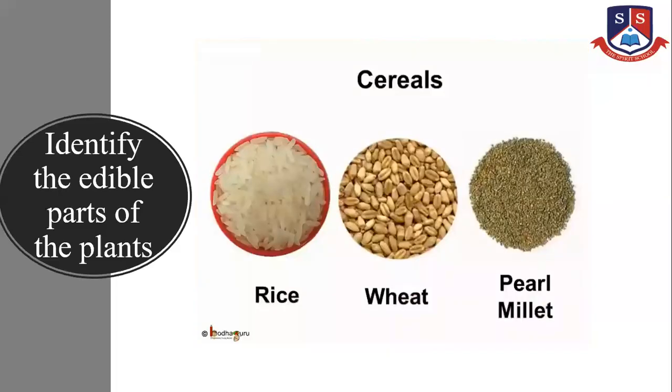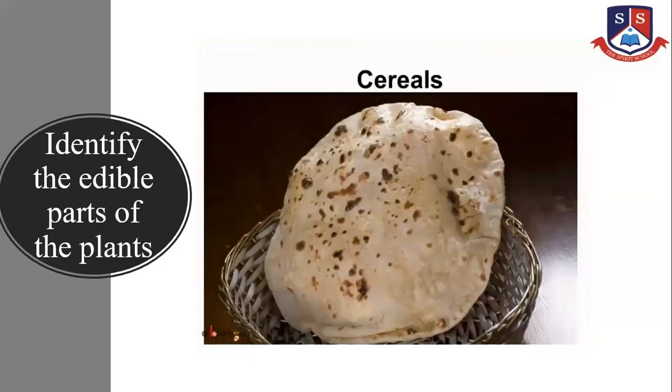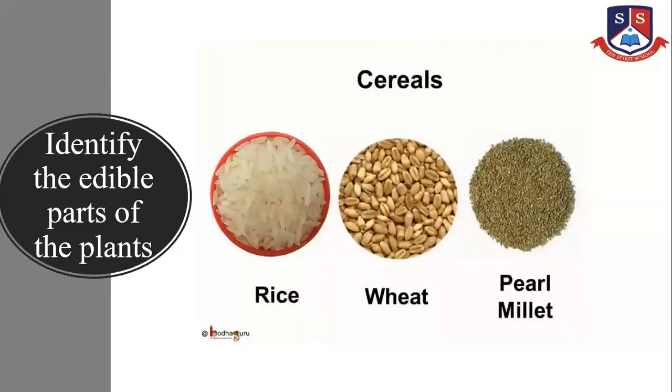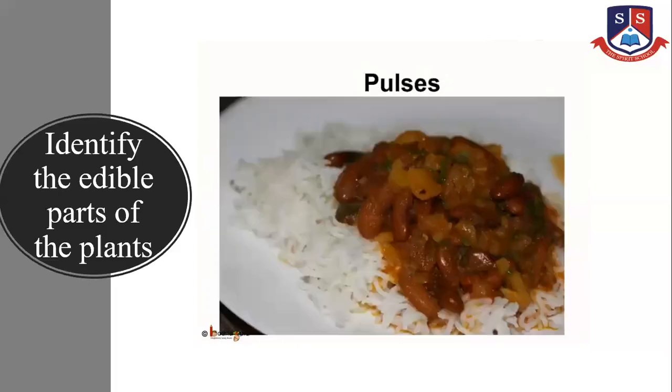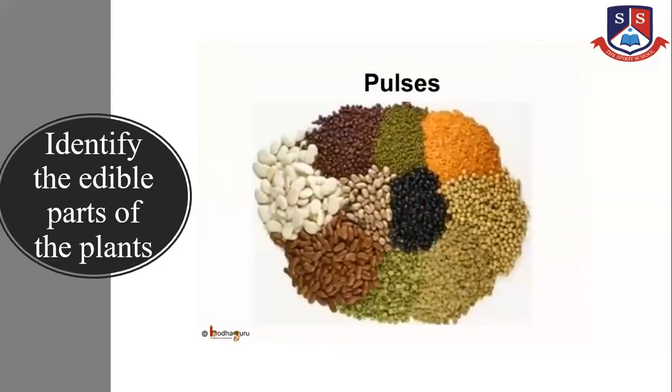Not just rice, the various cereals like wheat, maize, barley are also the seeds of the plants. Even the pulses we eat along with the rice or chapatis, like gram, peas, beans, kidney beans, are the seeds of various plants.